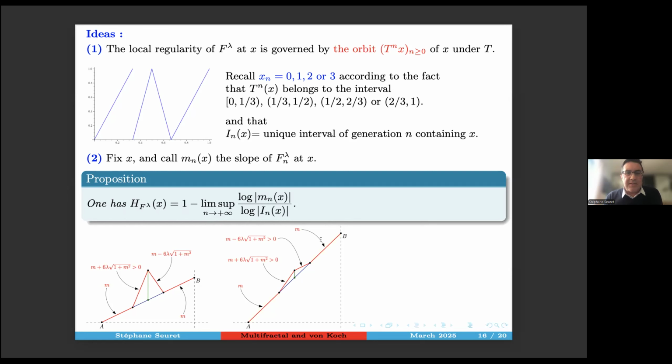Let me also say that we have this picture in mind that there is a triangle with the slopes positive, positive, negative, positive. But if lambda is very small, then the left figure can happen. You start with one slope, but then you get 4 slopes with the same sign, which is quite annoying and we don't know how to do that.